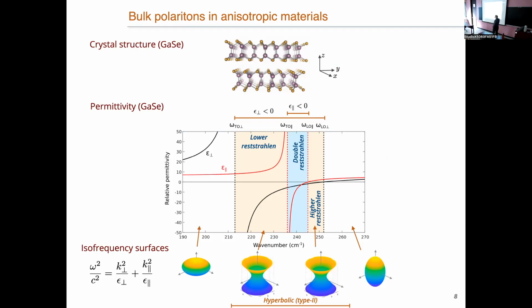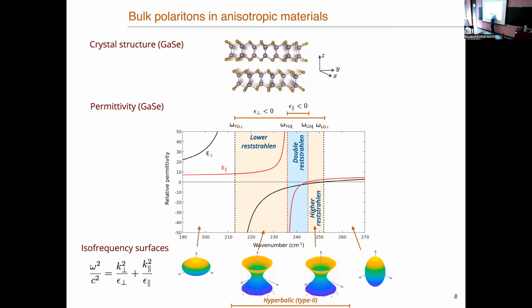If we look at the permittivity of this material in the range where we find some polar phonons, we'll find that we have two permittivities. The one aligned along the out of plane direction, epsilon parallel, and the one perpendicular to it, or in plane. At energies lower than the TO, we have positive permittivities.